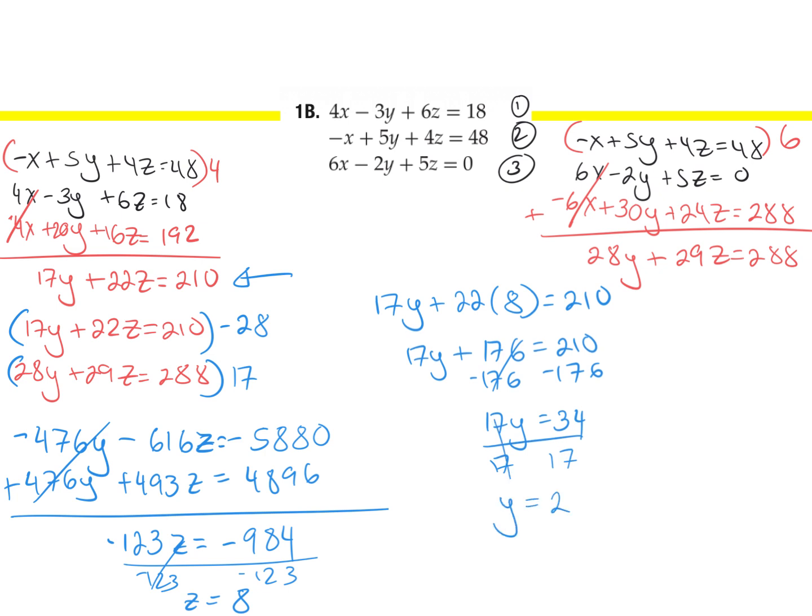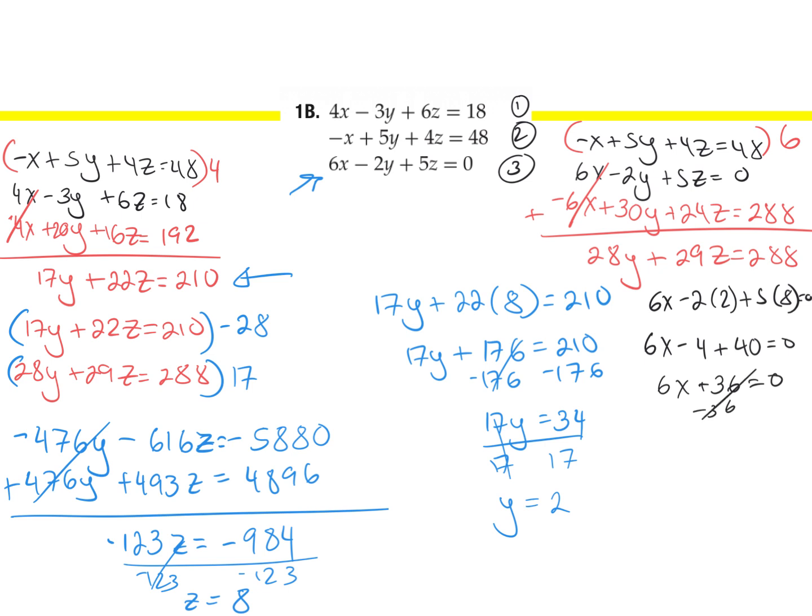So we have our z, we have our y, and I'm going to plug it into this third equation in order to find our x. So that's going to be 6x minus 2 times 2 plus 5 times 8 equals 0. So that's going to be 6x minus 4 plus 40 equals 0. 6x plus 36 equals 0.